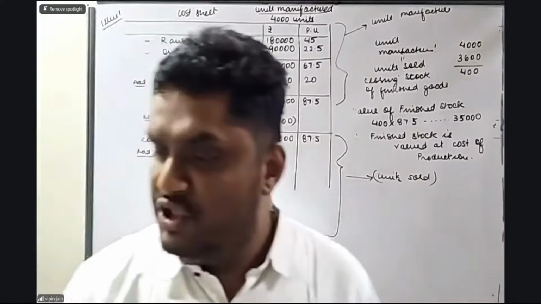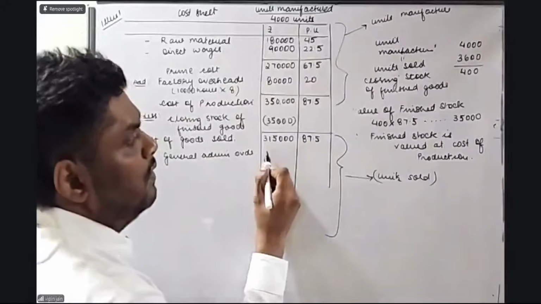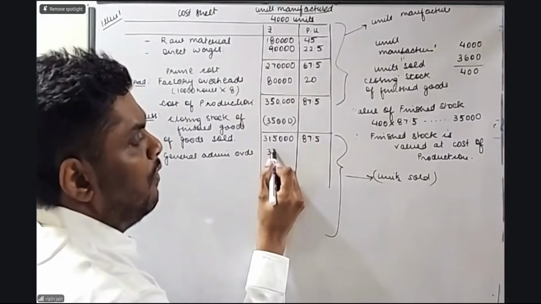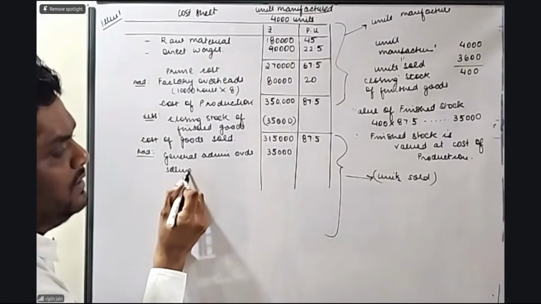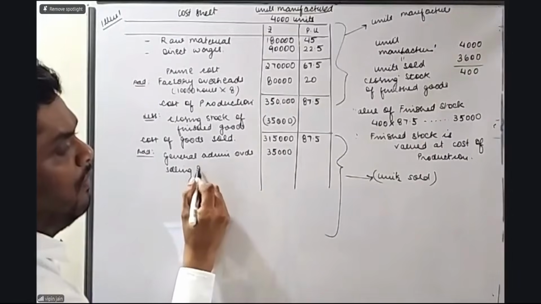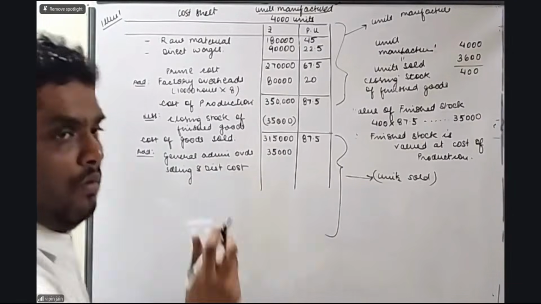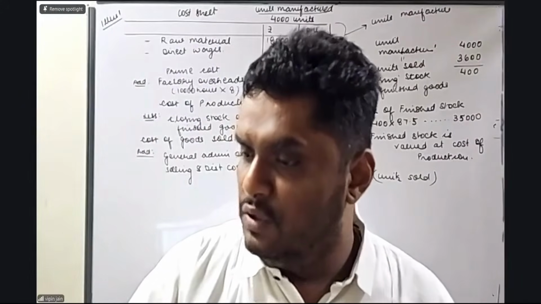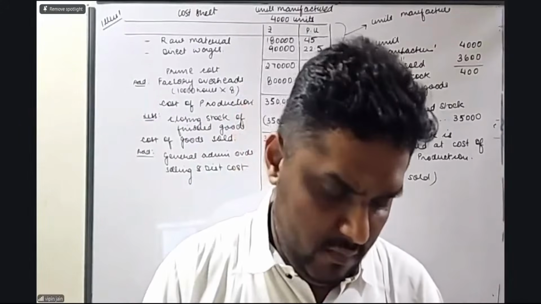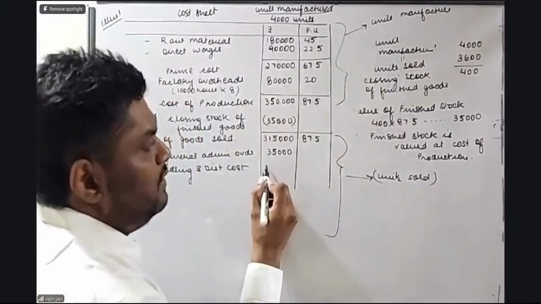General administration overheads are 35,000. Selling and distribution overheads are 5 per unit, so 3,600 into 5, that is 18,000.